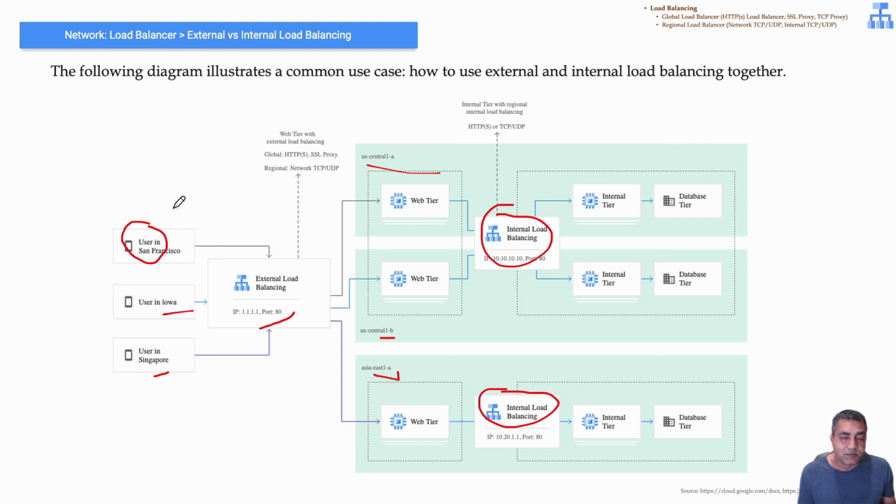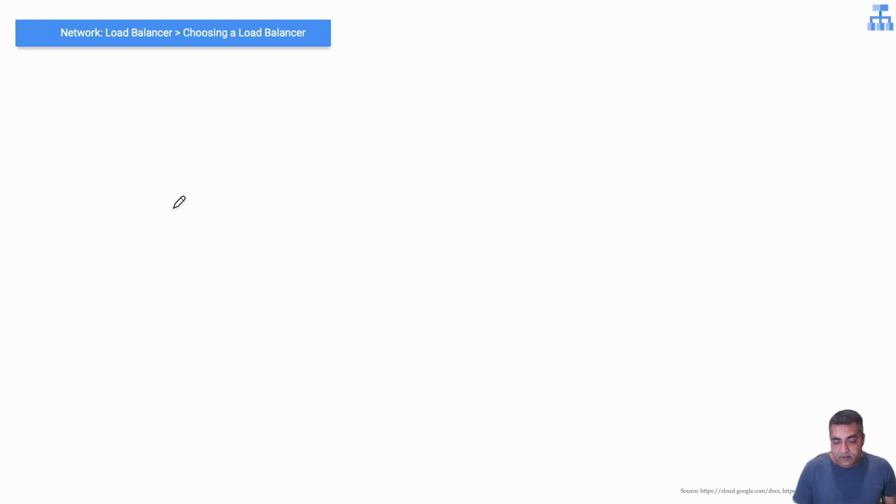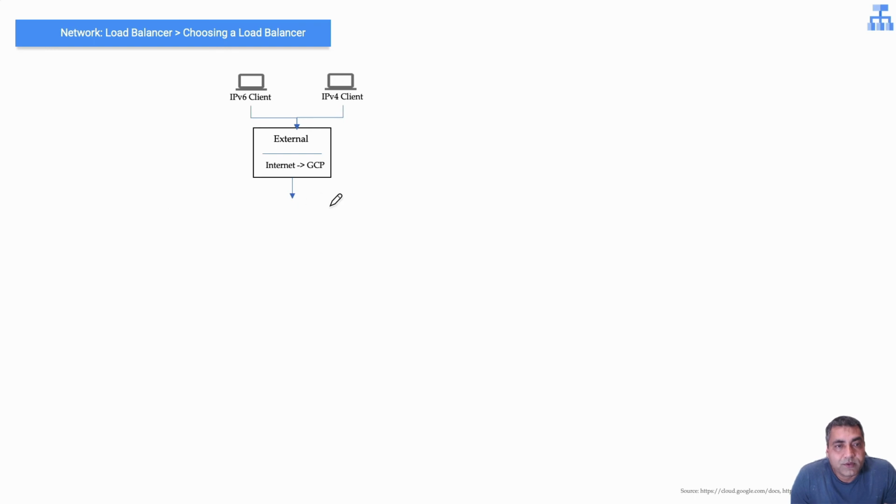So next up, we will look at how you choose between external versus internal, and then how you choose between HTTPS versus TCP versus UDP versus the network load balancers. So let's just start with the request coming from outside GCP.